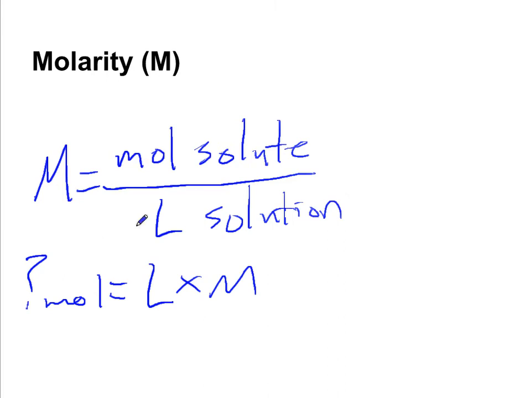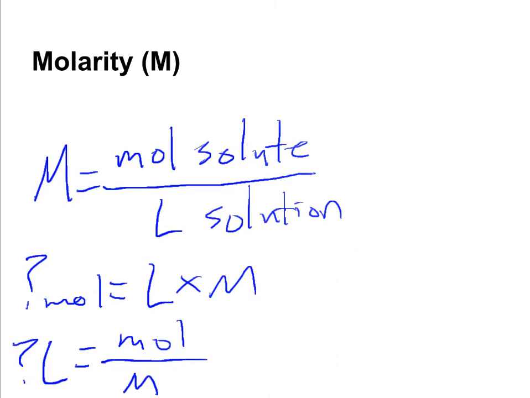If you were trying to find the volume of a solution, and it told you how many moles and what the molarity was, you'd be trying to solve for liters. So you would move liters to this side of the equation and then move molarity to the other side. So to solve for volume, it would actually be moles divided by molarity.